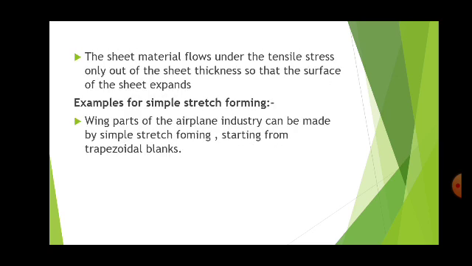An example of simple stretch forming is that wing parts of the airplane industry can be made by simple stretch forming. As I said earlier, most of the aeroplane parts are fabricated with the help of simple stretch forming, and the wing parts of the aeroplane are fabricated with the help of this simple stretch forming.